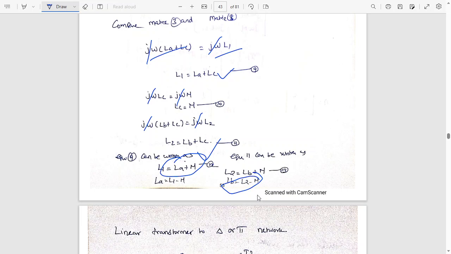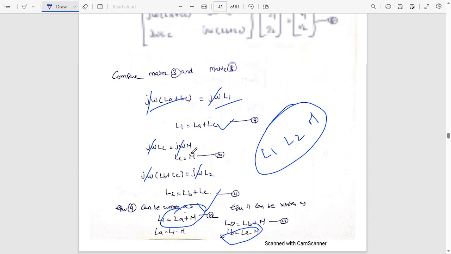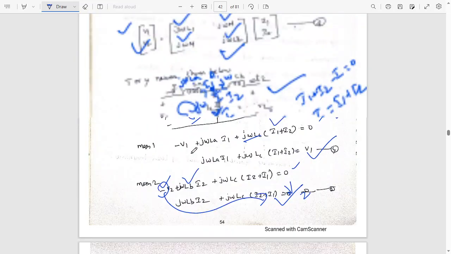So we got what LA, LB, and LC are. By knowing all three values, it is easy for me to draw the equivalent network. If you see LA, LB, LC, they are written in terms of L1, L2 and M. L1, L2 and M values are already known, so you can simply substitute and find LA, LB and LC, and directly use the standard diagram for the T network.